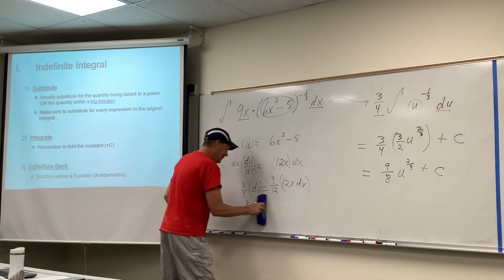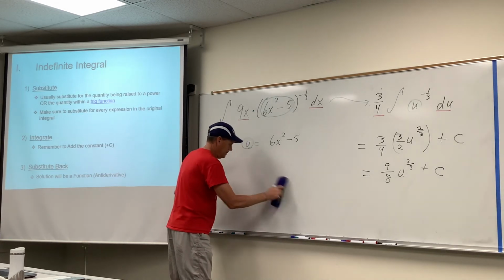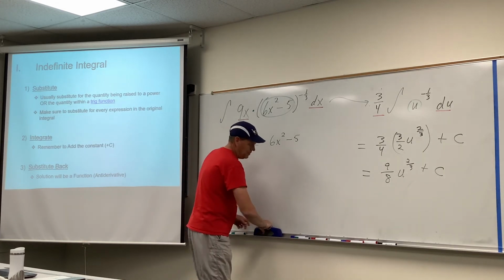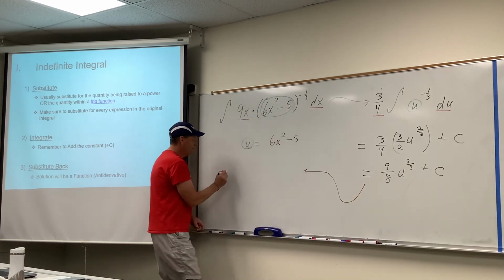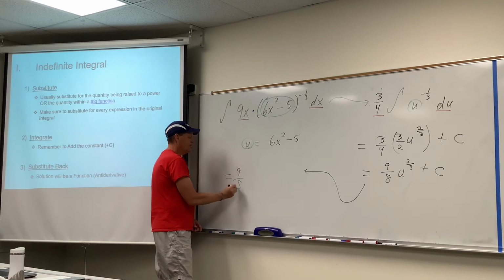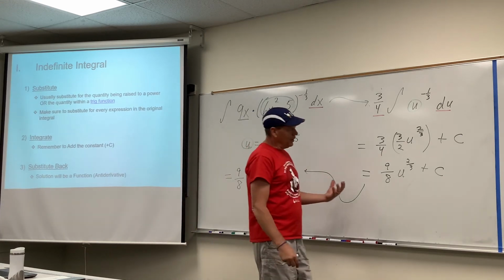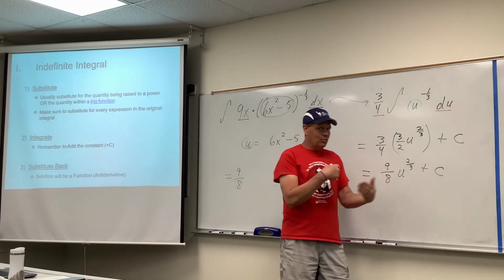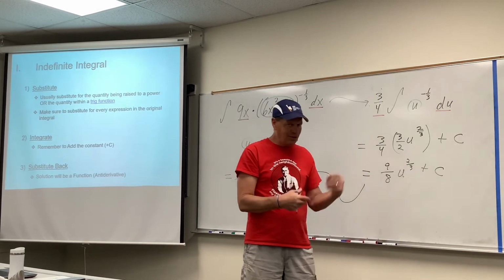But again, I have to count it wrong if you stop here. Because remember, you're just replacing that variable x with u to make the integration easier, but that's not your answer.